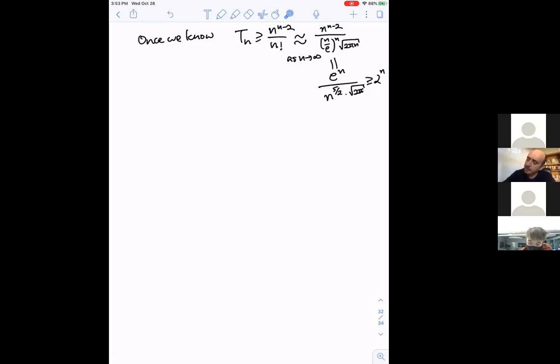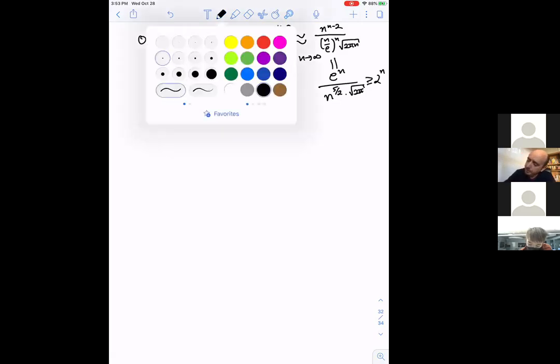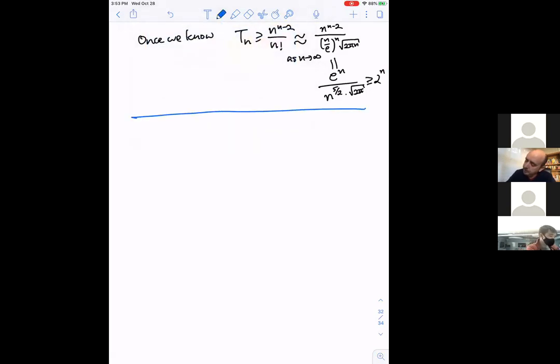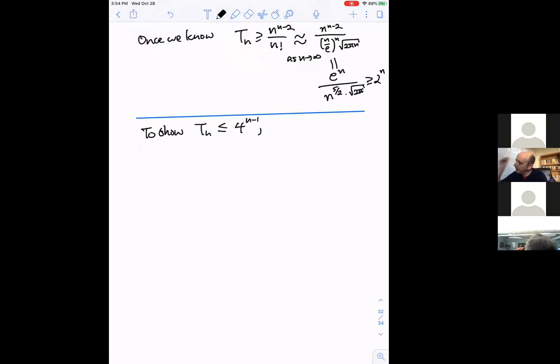Okay. Let me draw a dividing line. So what did the other one say? We were saying to show Tn is less than or equal to 4 to the n minus 1. What I'm going to do is pick an encoding of an unlabeled tree, by some information, like some code.